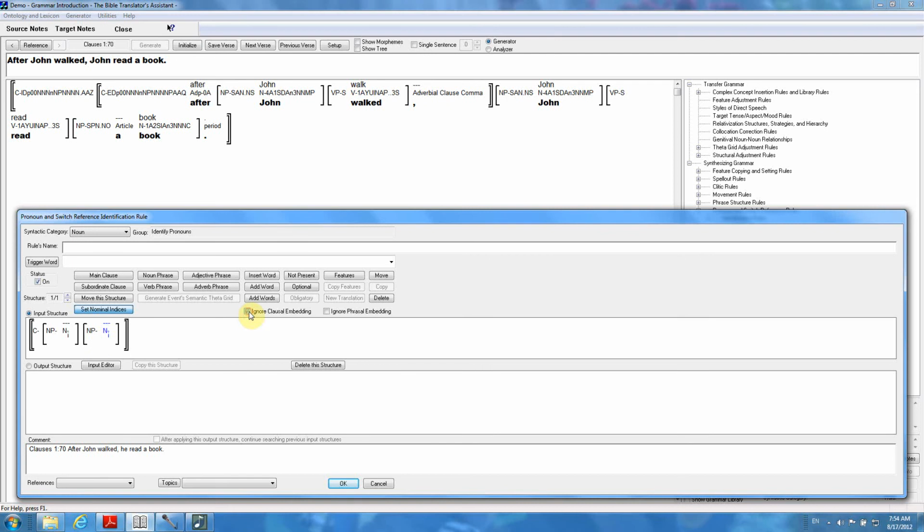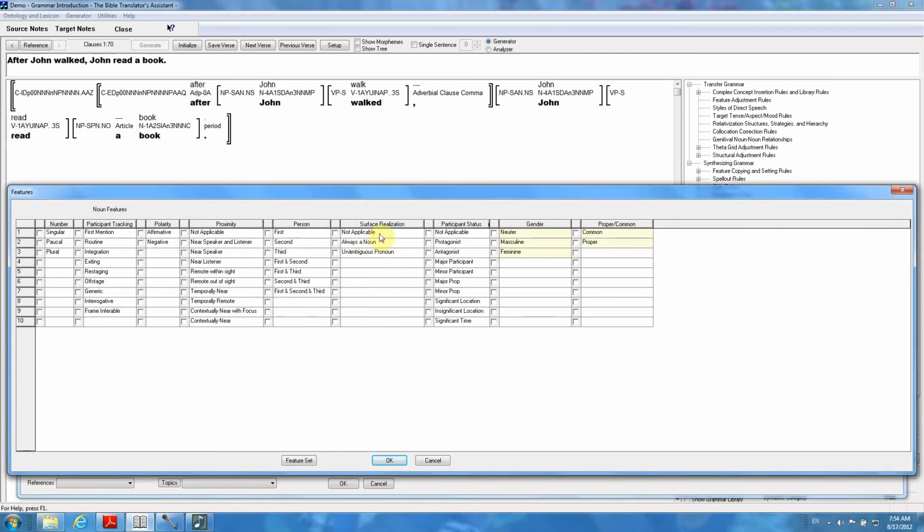And at this point, it's very helpful to select ignore clausal embedding and ignore phrasal embedding. We don't care how deeply this second noun is embedded. If these two nominals are the same referent, we want the second one, in English anyway, to be realized with the pronoun. Now we come down here, and we set the surface realization value to unambiguous pronoun.